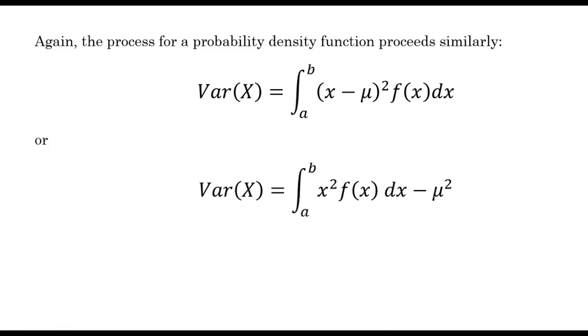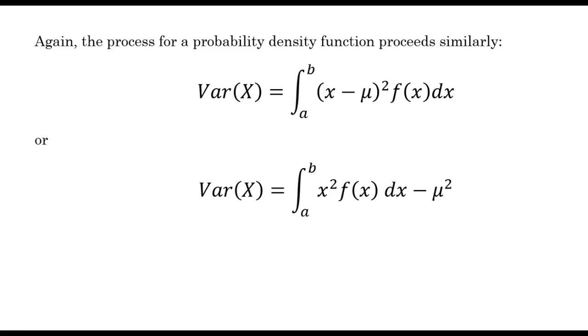So I would generally prefer to take my PDF, some function of x, multiply it by x squared, then integrate that and subtract the square of the mean.